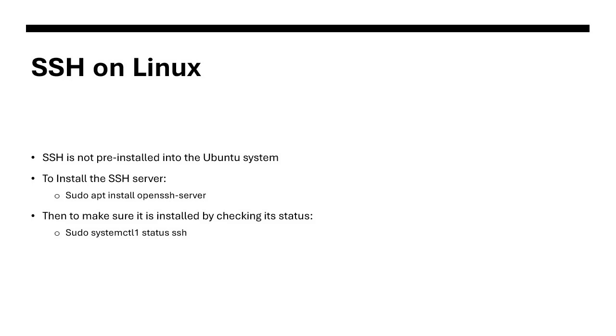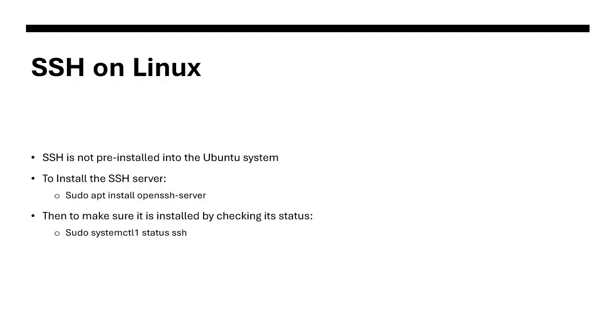And to make sure that Secure Shell is installed, I would do so by checking its status by using the command sudo systemctl status ssh. And SSH provides a secure channel for Linux to interact with Git and manage virtualization platforms like VMware.